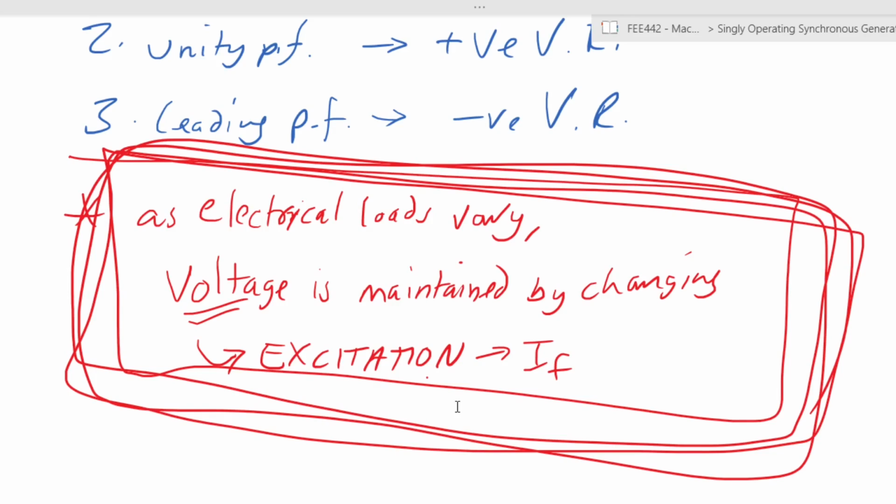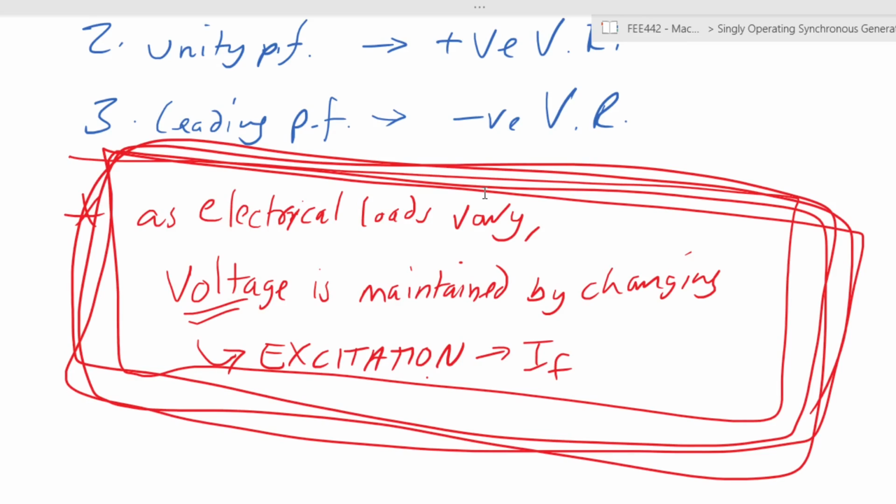Okay, if there are no further questions, I'll just reiterate what is on the screen right now. When you have a synchronous generator or an alternator, if you have your electrical loads varying, that is the currents or the powers that you're supplying are varying, and you have voltages that change as a result of those electrical loads varying, it is very important to note that voltages are varied by the use of the excitation.